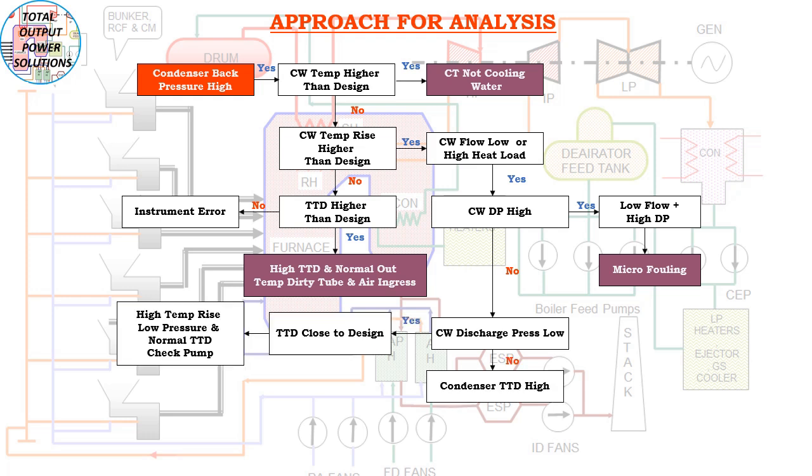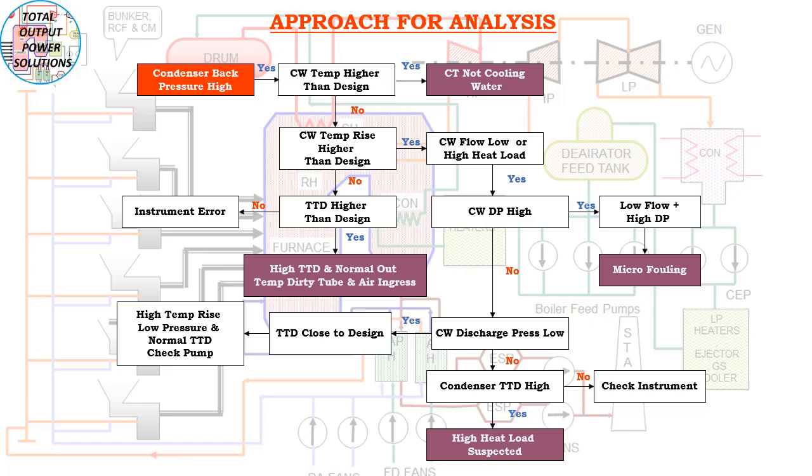If the temperature is correct, then the CW temperature rise is higher than design, so CW flow may be low or there may be a high heat load. So it is yes or no, and the flow chart is also there. You can find out what may be the problem. But the variations due to the CW and due to dirty tubes, that can be calculated, the variation in the back pressure.